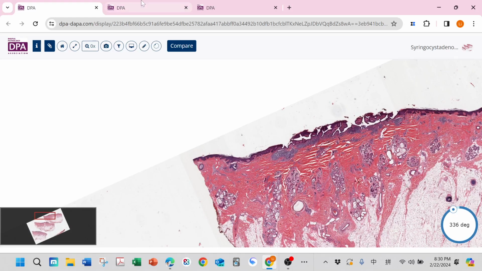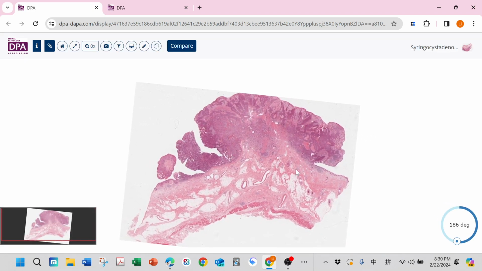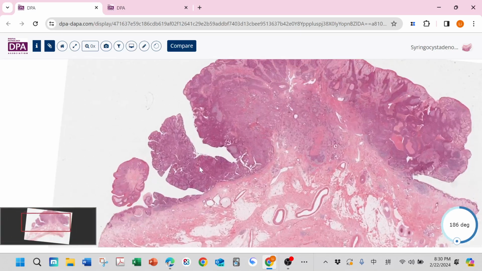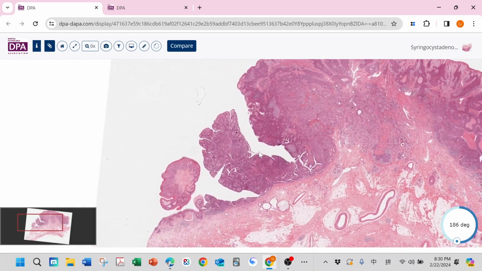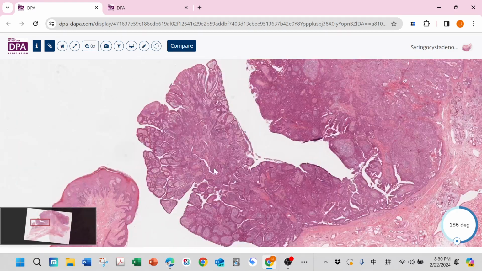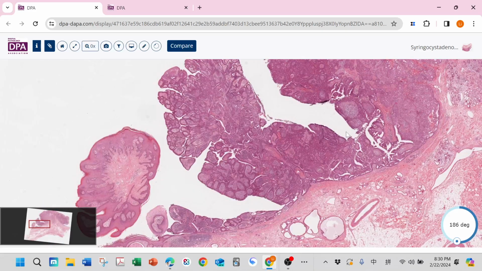So this is another SCAP diagnosis in the scalp. And then we have this invaginated growth lesion.